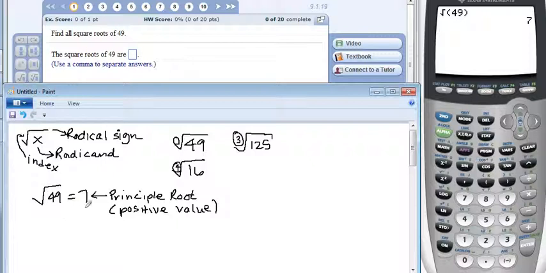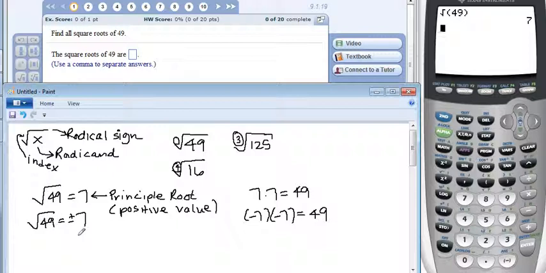But think about it. If I multiplied 7 by itself twice, do I get 49? Absolutely I do. But what about negative 7? That also equals 49. So really, the square root of 49 is equal to plus or minus 7, the positive and the negative.